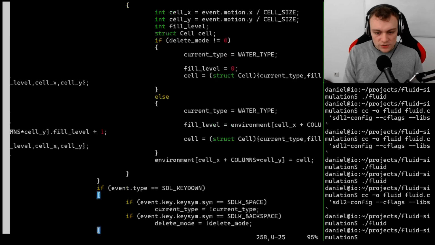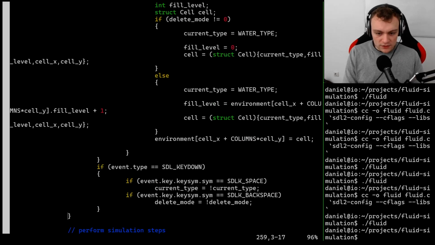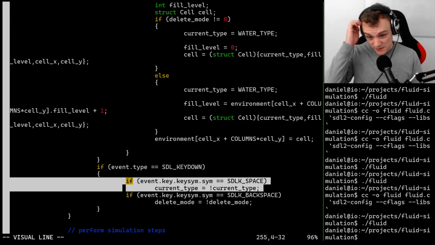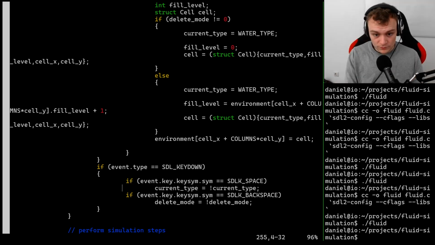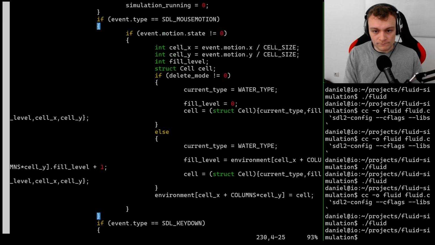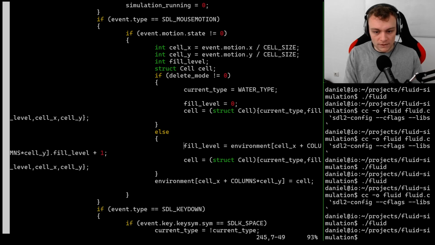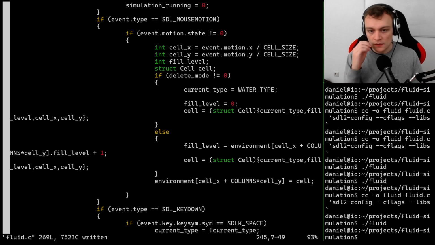And we switch the type in case we press the space bar. Okay, probably it needs to be done like that.